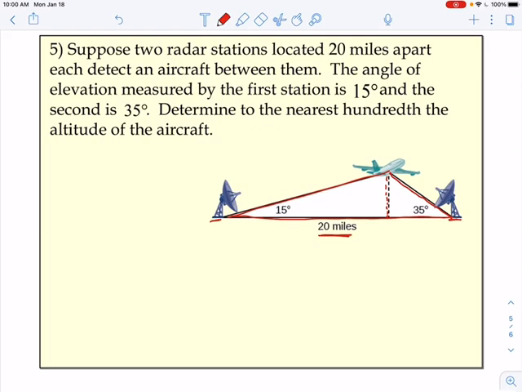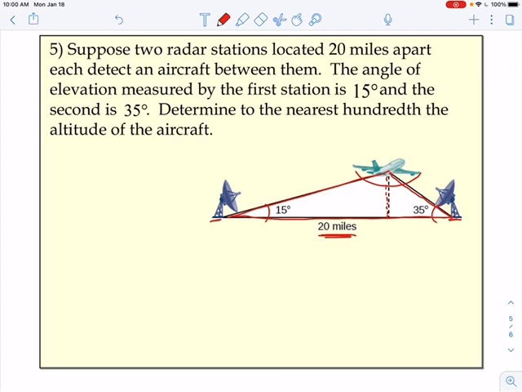I have 2 angles of that red triangle and I have this one side. That 20 miles is directly opposite this big angle, so I'm going to have to find that big angle first.